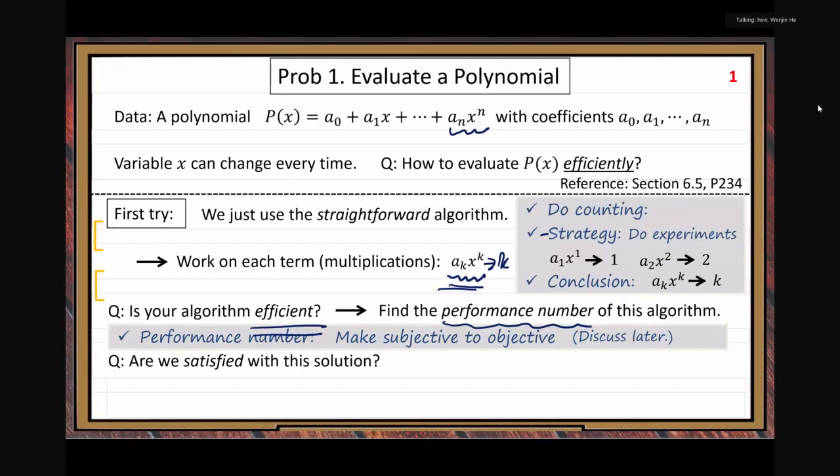The next question, are we satisfied with the solution? We have a solution. Are we satisfied? I see many of you feel okay. Let me say it this way: if you are given this problem, I believe every one of you will write a program to implement this algorithm.